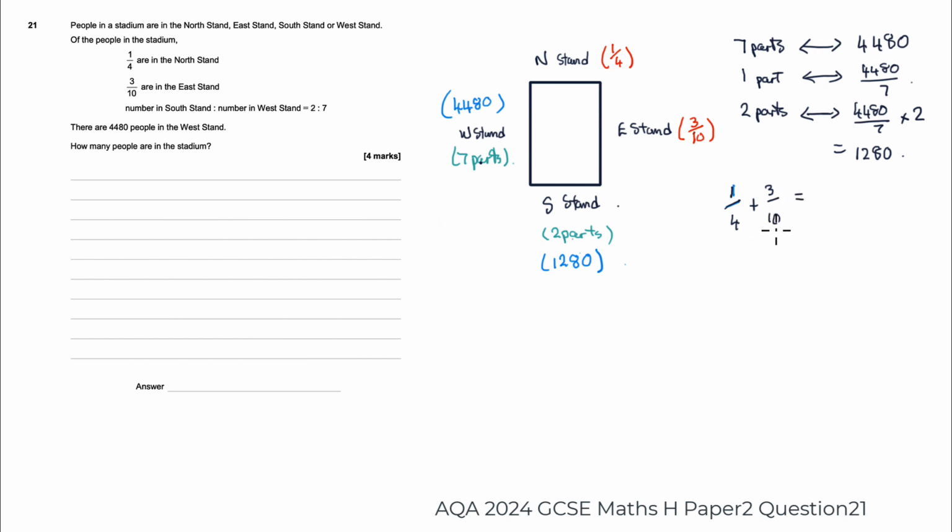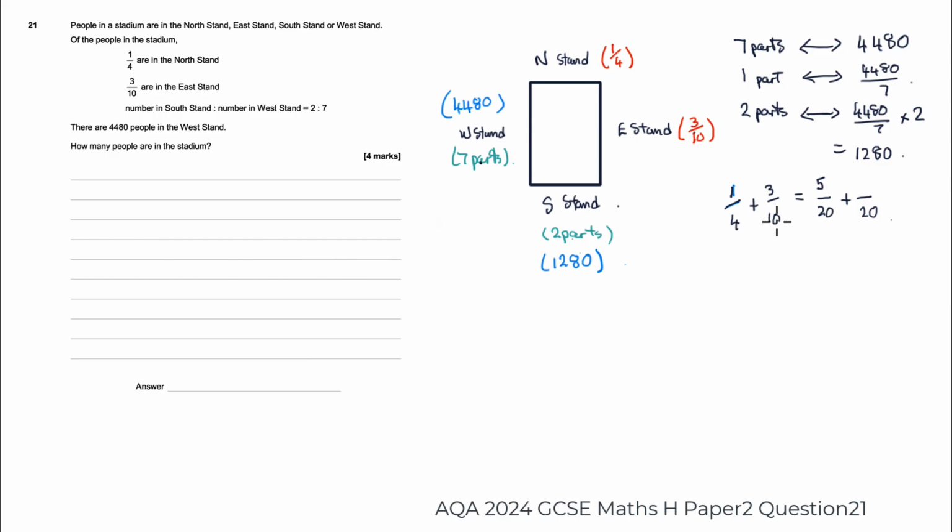Now denominators are different. Number 20 comes to mind. 4 goes into 20 and 10 goes into 20. So let's change both of these fractions into 20ths. So we'd be multiplying 4 by 5. So we'd have to multiply this 1 by 5. So it's 5/20ths for that quarter.